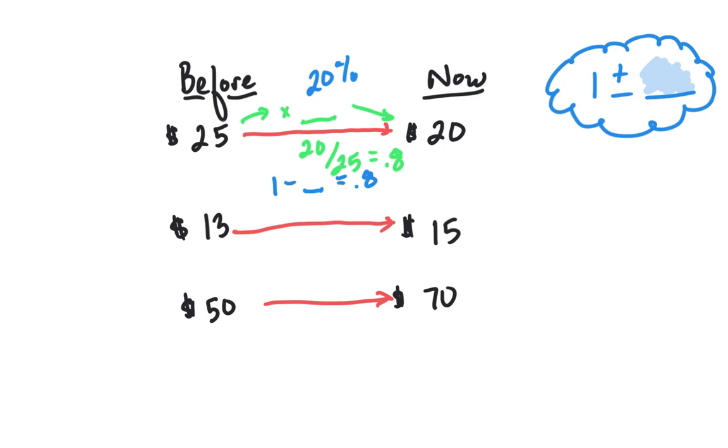Okay, let's do the next one. Now you see here we had an increase. It went from 13 to 15. So now we have to calculate what was multiplied by that got us from 13 to 15. And the easiest way to do it is just take the now value and divide it by the previous. And if we type that in, we get 1.15. I'm just rounding to a couple of decimal places. So this was an increase.